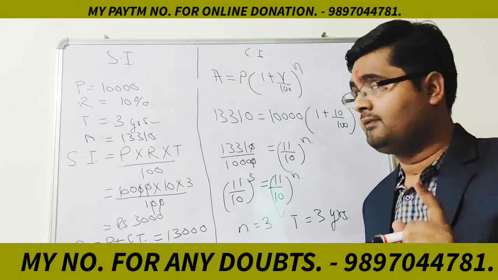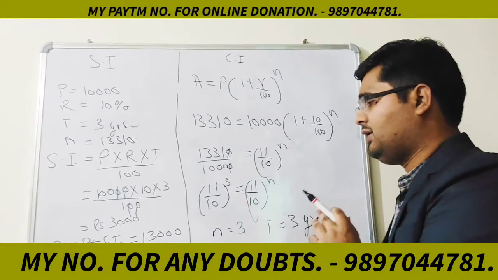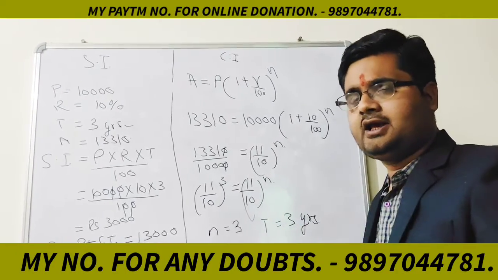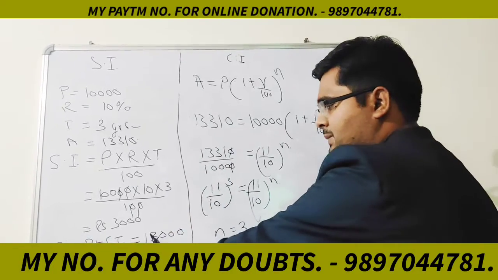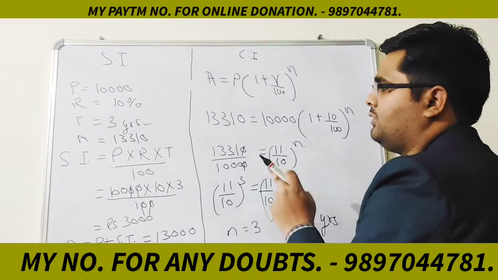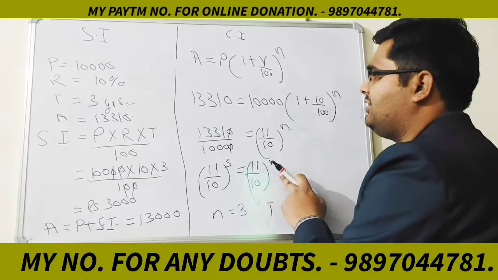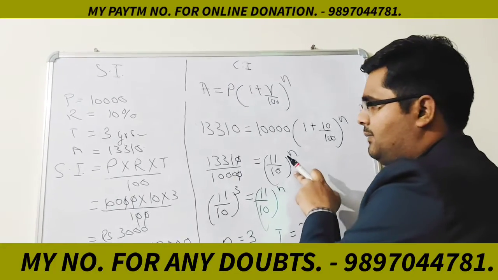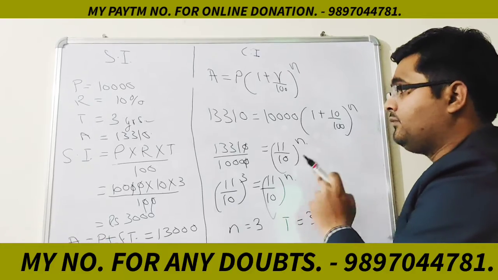So by this process you can calculate the CI, the amount, the rate, the time, and the SI in the same way. SI is much simpler than CI. The calculation is also simpler in SI, but in CI, if you don't know the power and exponent concept, then you cannot even do this.